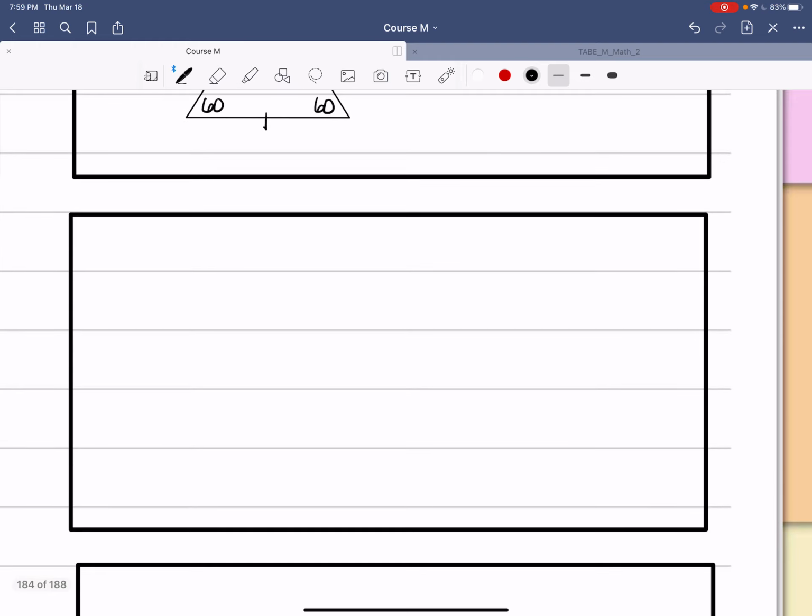So what about an acute triangle? Well, I know that acute means less than 90. So an acute triangle has all angles less than 90 degrees.